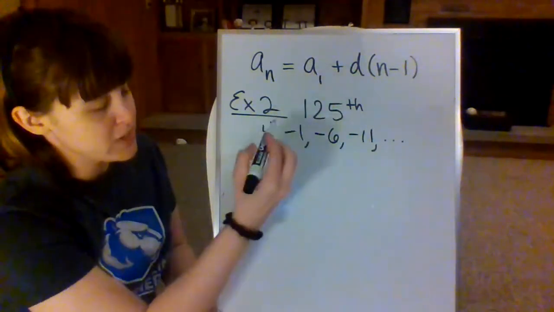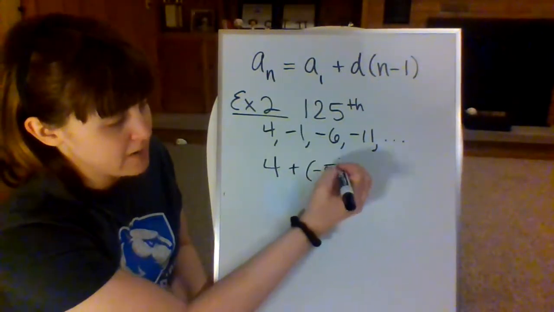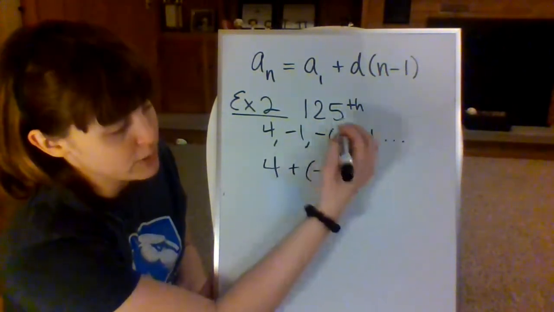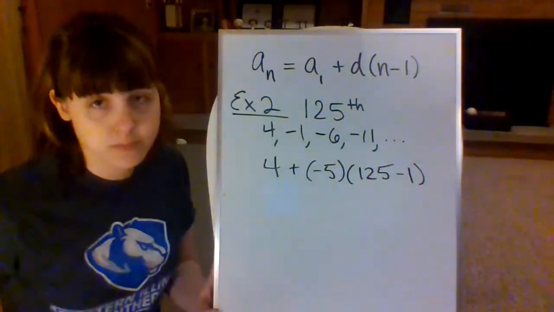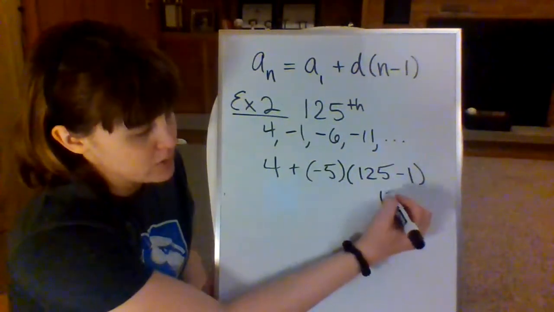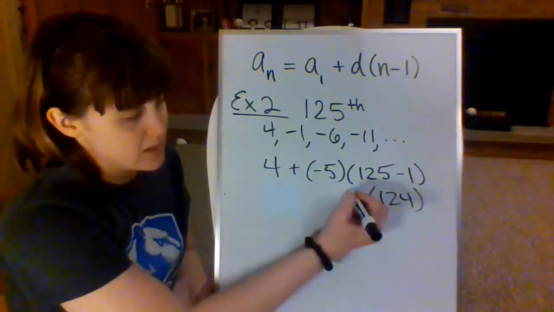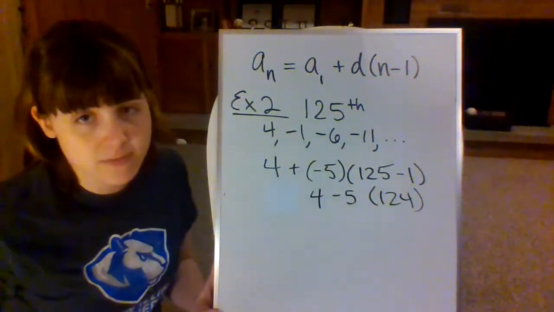The first term here is 4 plus -5 times, we're looking for the 125th term, so 125 minus 1. So you want to start here. This is 124 times -5 plus 4.